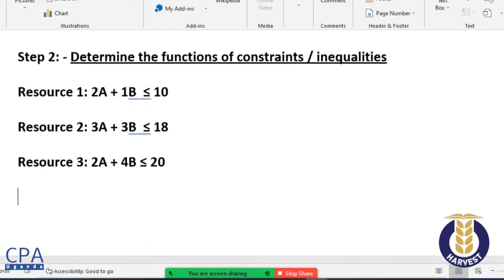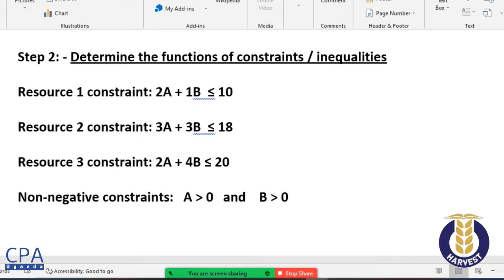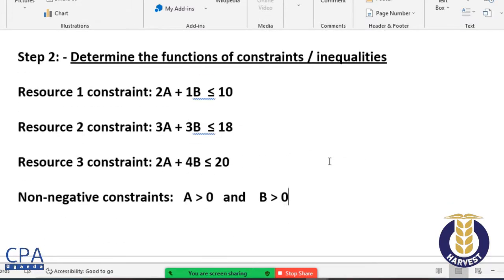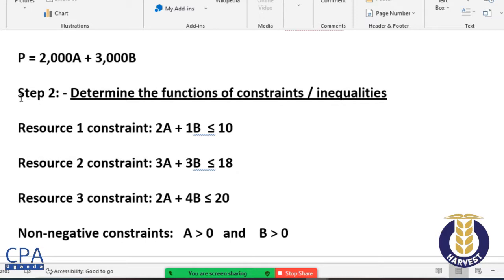Now we also need to add on the non-negative constraints, meaning that we are not going to produce less than 0 for A and B. We shall not have negatives on A and B. Don't expect negative A and negative B. So that is our step number 2.